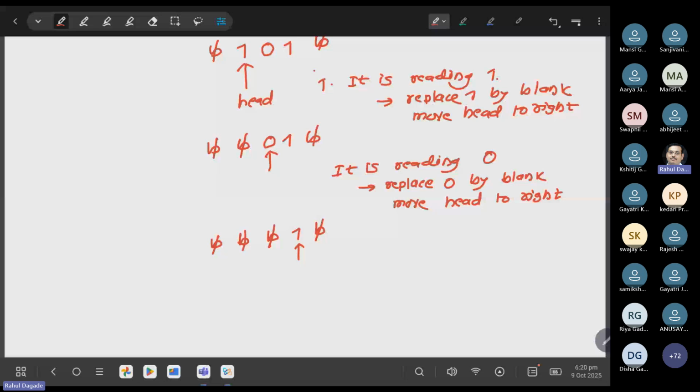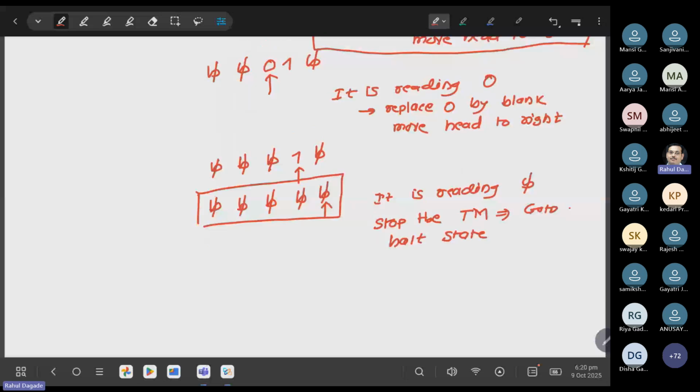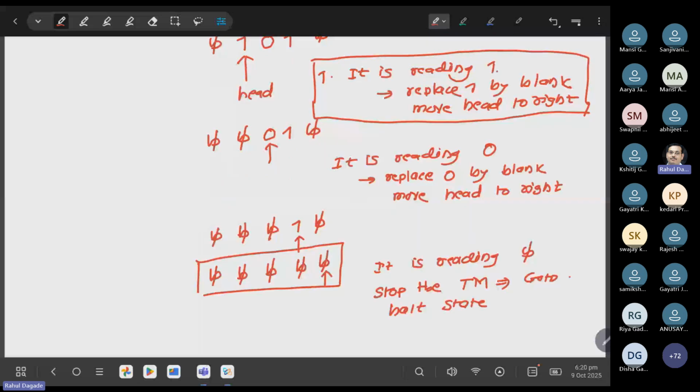If it has now got blank, then stop the Turing machine, or go to the halt state. That means it will now stop the Turing machine. So our job is done. That is, the Turing machine has converted the non-blank symbols, that is 101, into blank symbols.